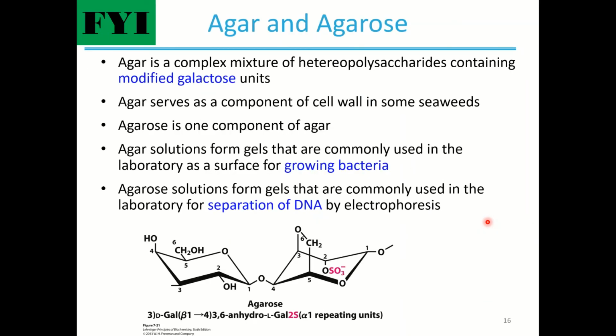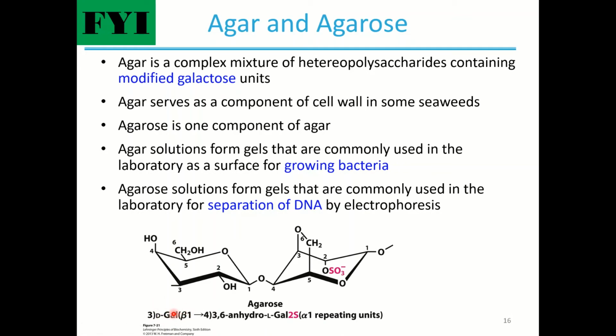Right. Agar and agarose are another example of a polysaccharide. This one you probably have used in lab, or if you haven't taken biochem lab yet, you will, or even biology lab. You use agar plates, agarose gels. Agarose is a mixture of two, a repeating disaccharide in longer chains.